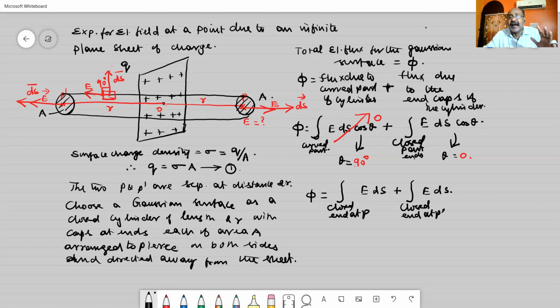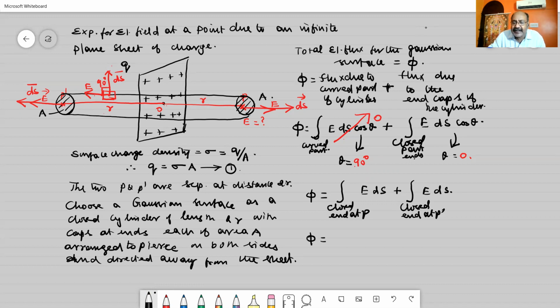One is on the right hand side carrying P and another on the left hand side carrying P dash. So the closed integral of E into ds at P and the closed integral of E into ds at P dash.